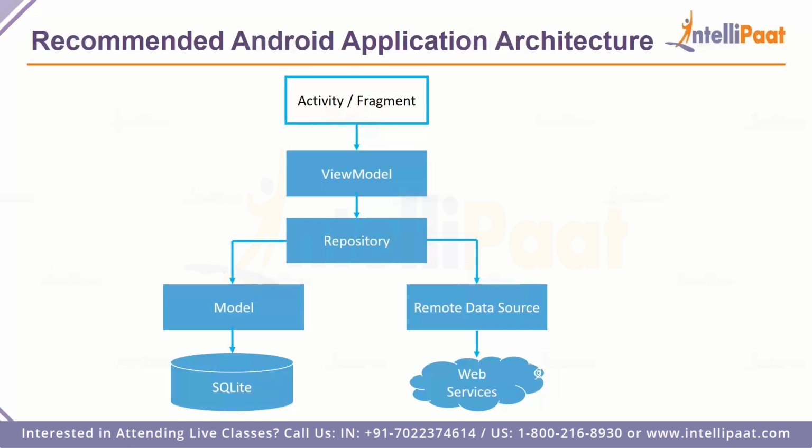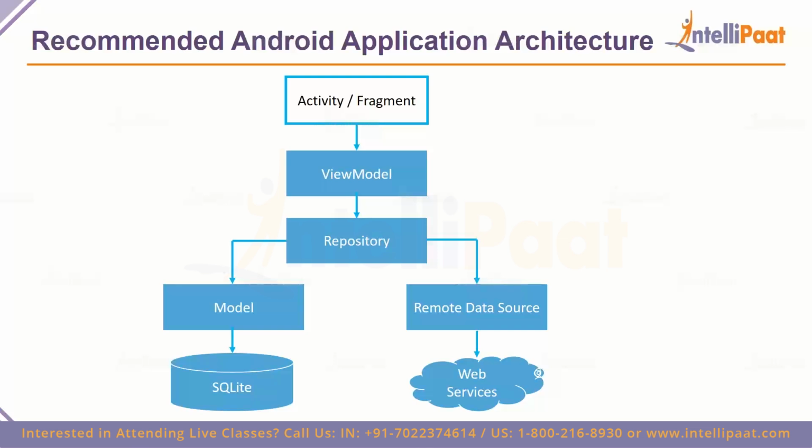First one is activity or fragment. If you have been doing Android application development for any bit of time, activity and fragment are really important concepts. An activity is a screen in your application. So whenever you open up an application, the first thing that you see on your screen is an activity. The entire screen, from right below the top notification bar to the bottom bars, is an activity.